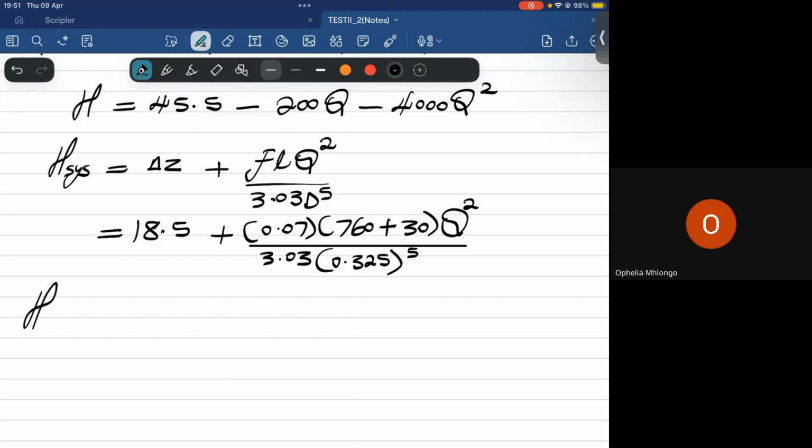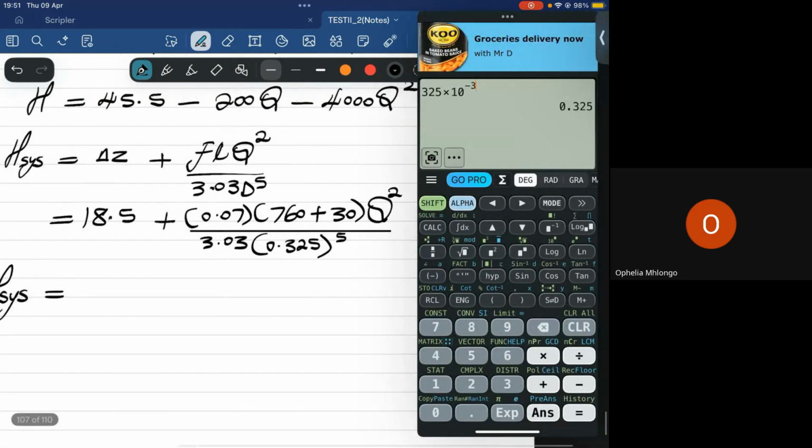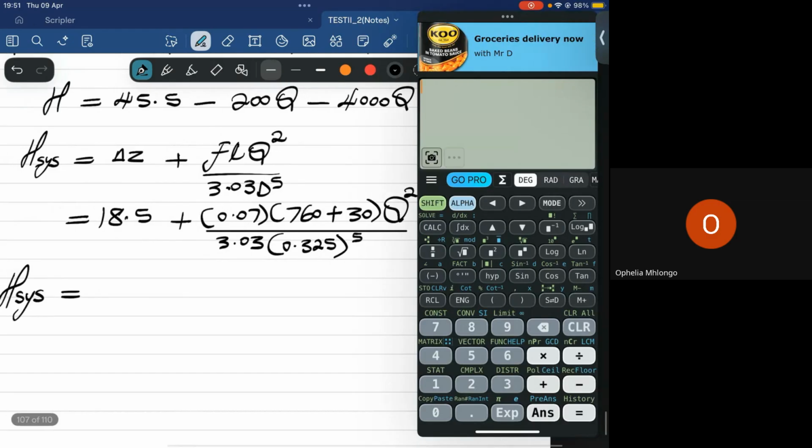So therefore, the head of the system, or the system head, will be equal to 18.5 plus 0.07 times 760, then plus 30, and then divided by 3.03, and then times 0.325, and all exponent 5.